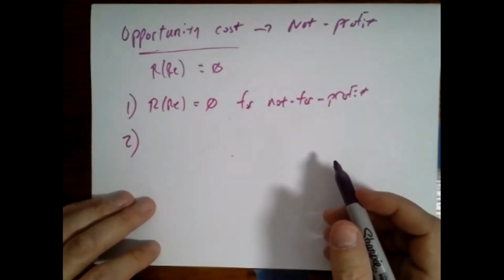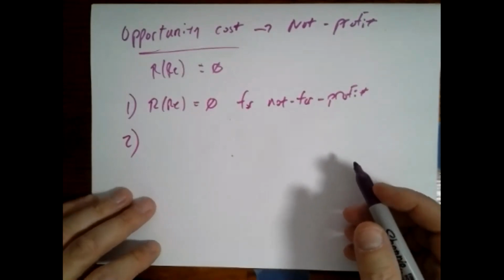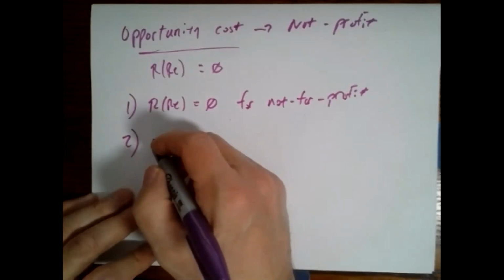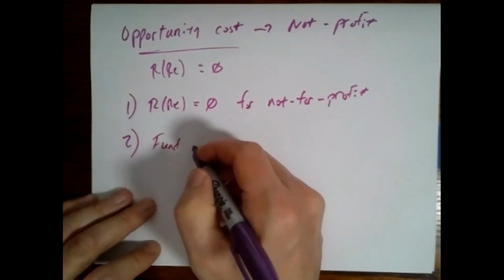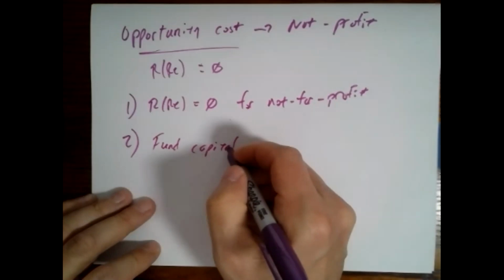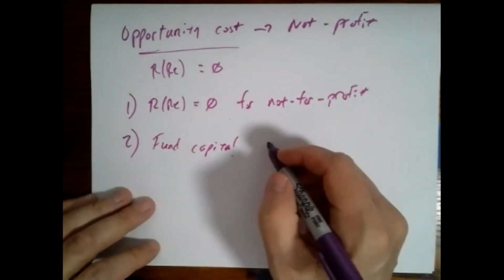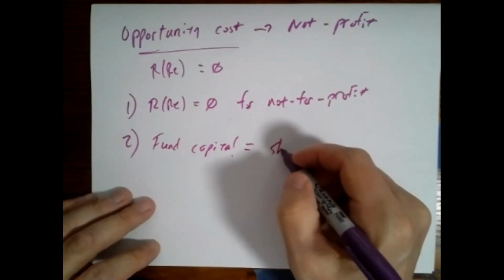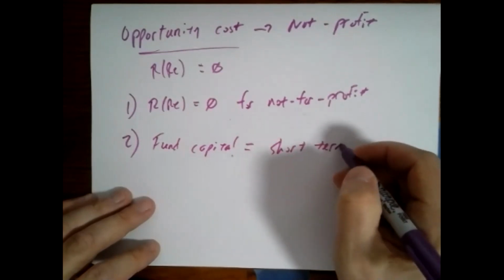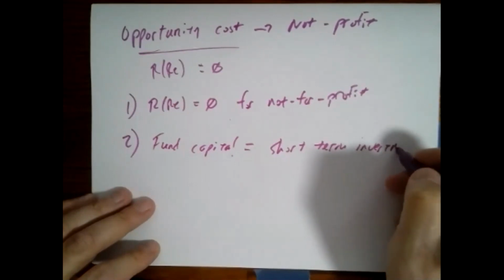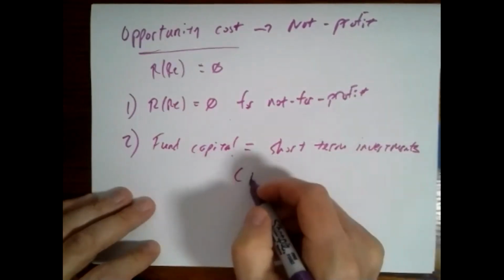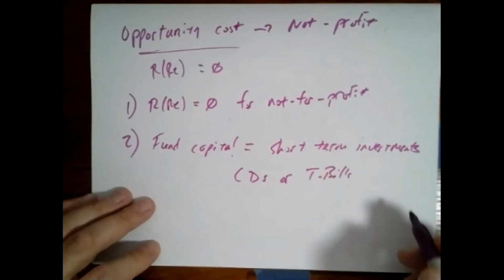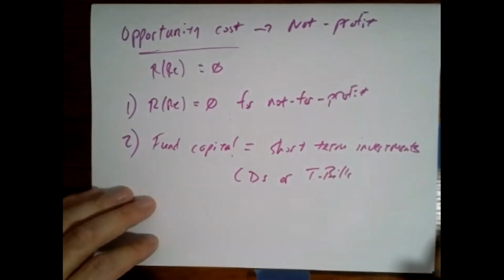Another option would be that fund capital should be measured with respect to short-term investments, things like CDs or T-bills.